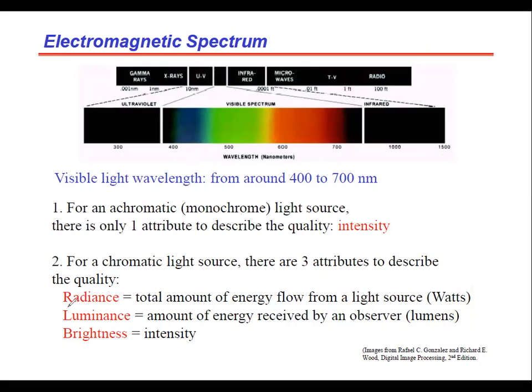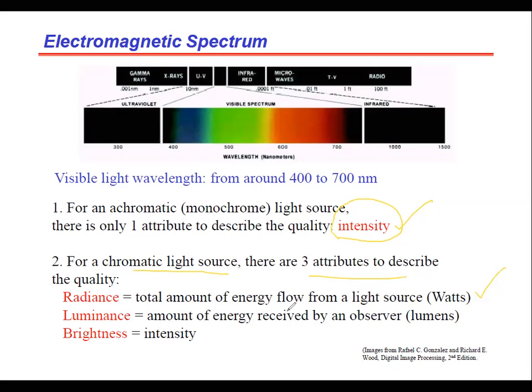For an achromatic white source, there is only this thing called intensity, dark and light. But for a chromatic light source, there are three attributes of quality. There is something called radiance. Now radiance in watts, I thought watts were for the power consumed, but we will buy this argument.